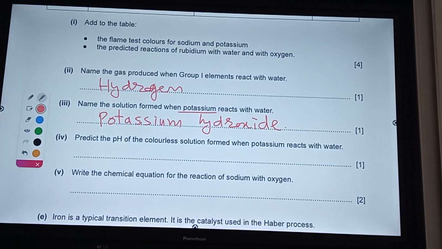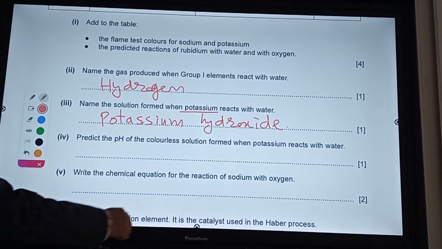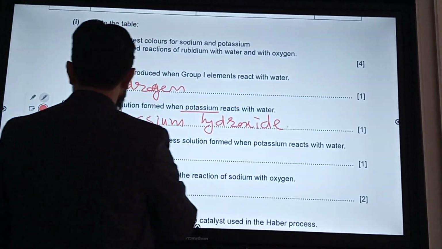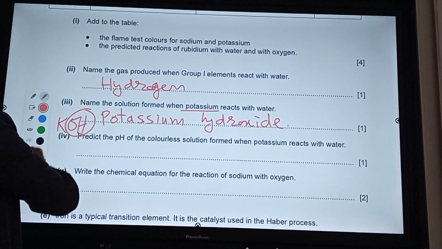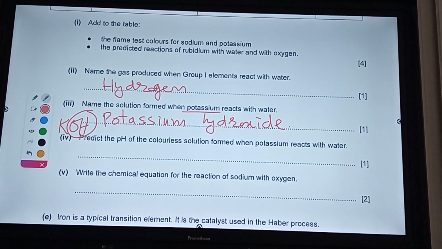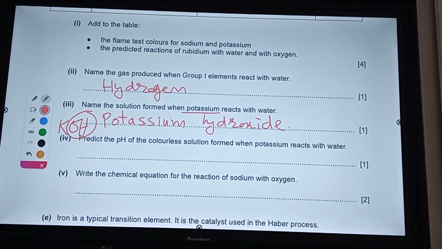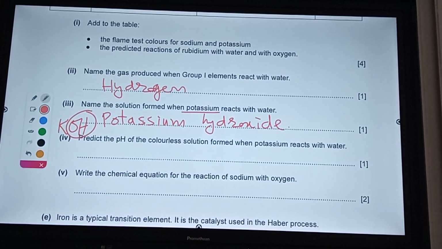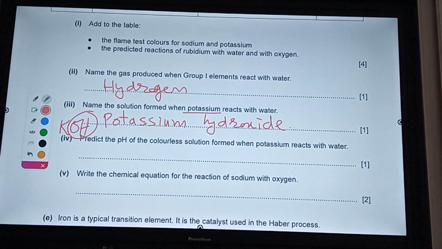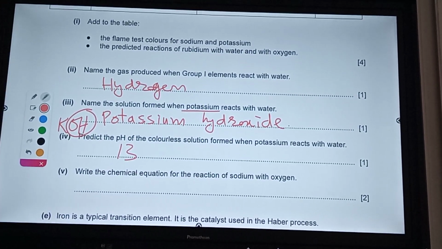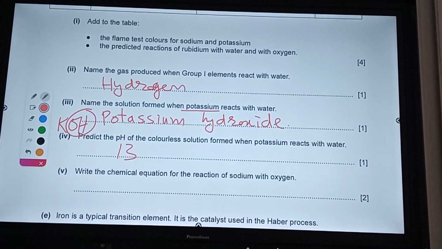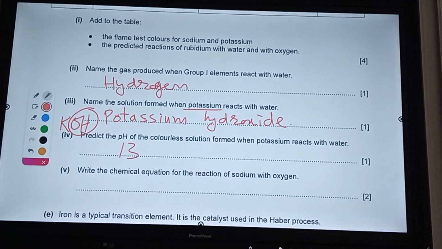Next, predict the pH. As it is the formula of potassium hydroxide, KOH, it contains hydroxide ion, and group 1 alkalis are strong, so we can write any value higher than 8, but more perfectly you can write 13. But you can write any value higher than 8 till 14.